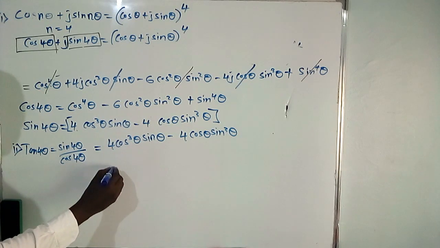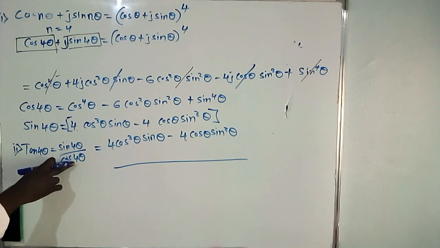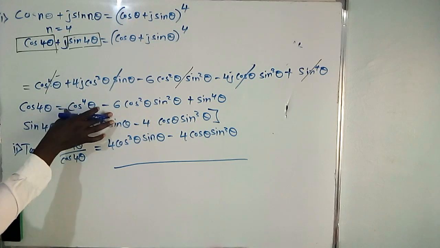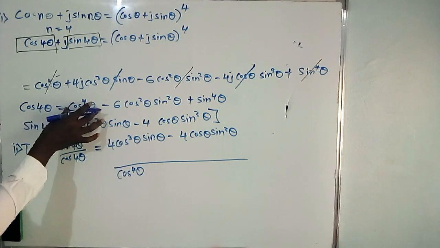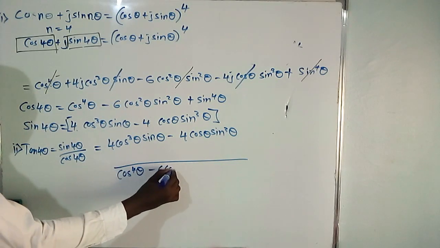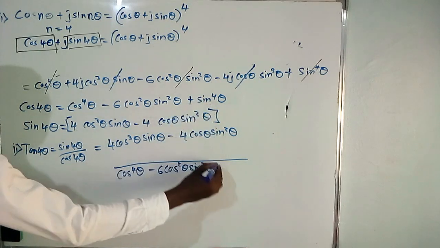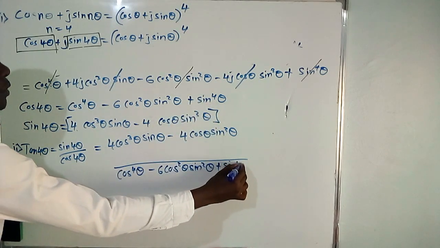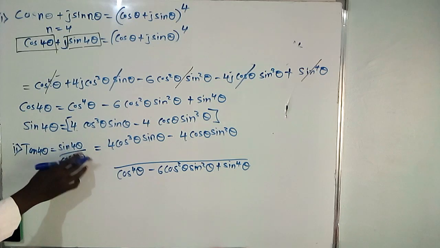Then in the denominator we have cos 4 theta, substitute the value we found: cos raised to power 4 theta minus 6 cos squared theta sin squared theta plus sin raised to power 4 theta. Having done that, we've now expressed tan 4 theta in terms of the powers of cosines and sines of theta.